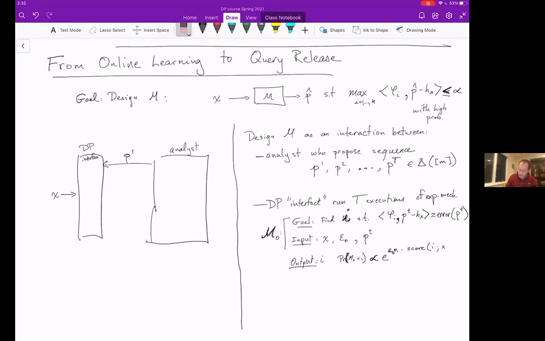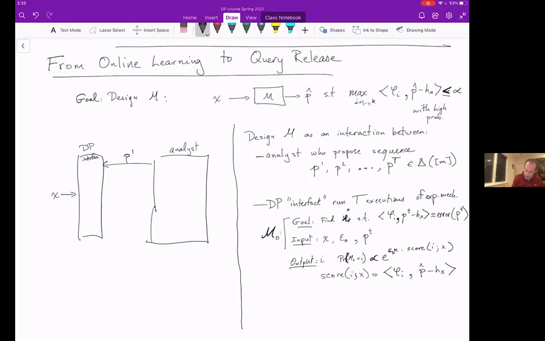And here the score of I comma X is just how well phi I does at telling apart P hat from H of X. A good mental model is that what each of these phi's is doing is trying to distinguish random samples from P from random samples from H.